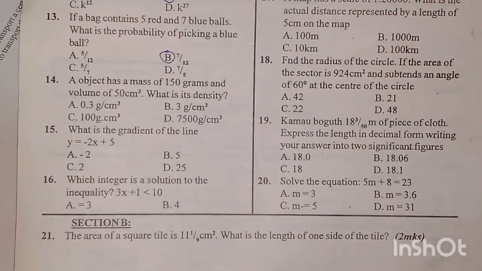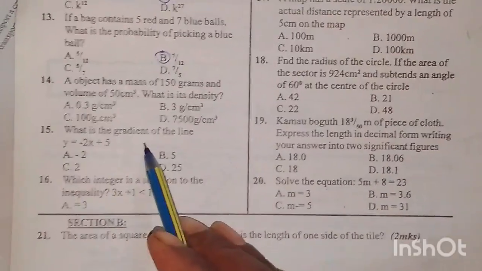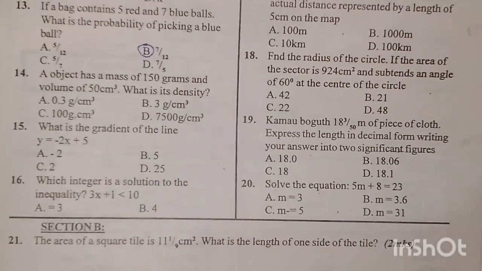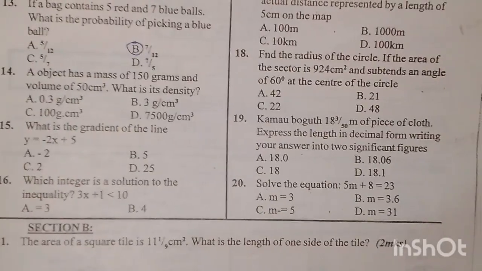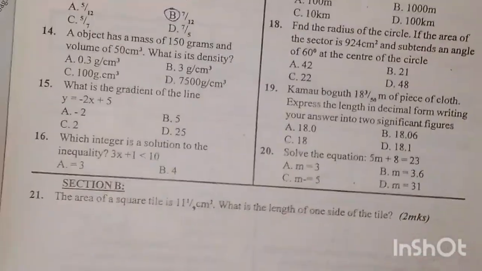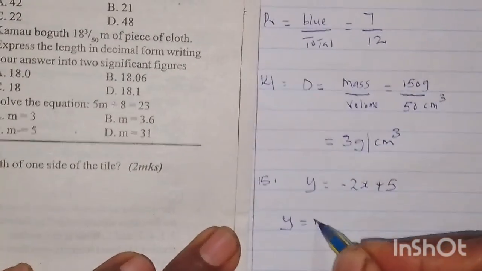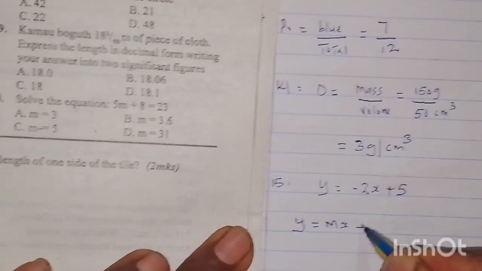Question number 15. What is the gradient of the line y is equal to minus 2x plus 5? Now, to answer this question, the equation of a straight line is always equivalent to y is equal to mx plus c.